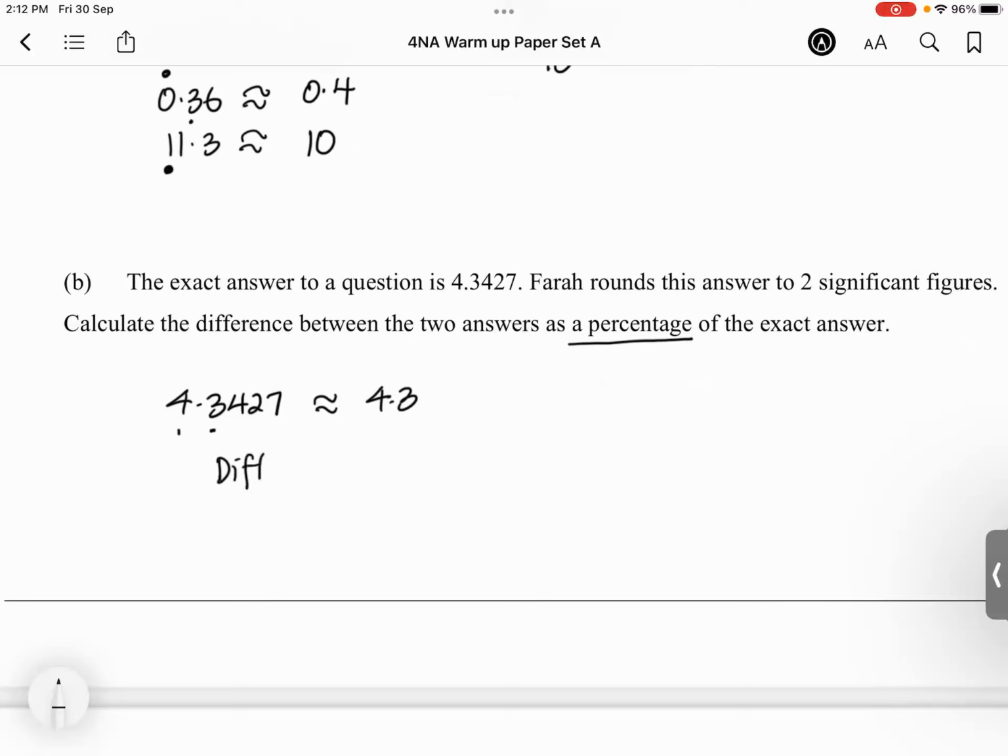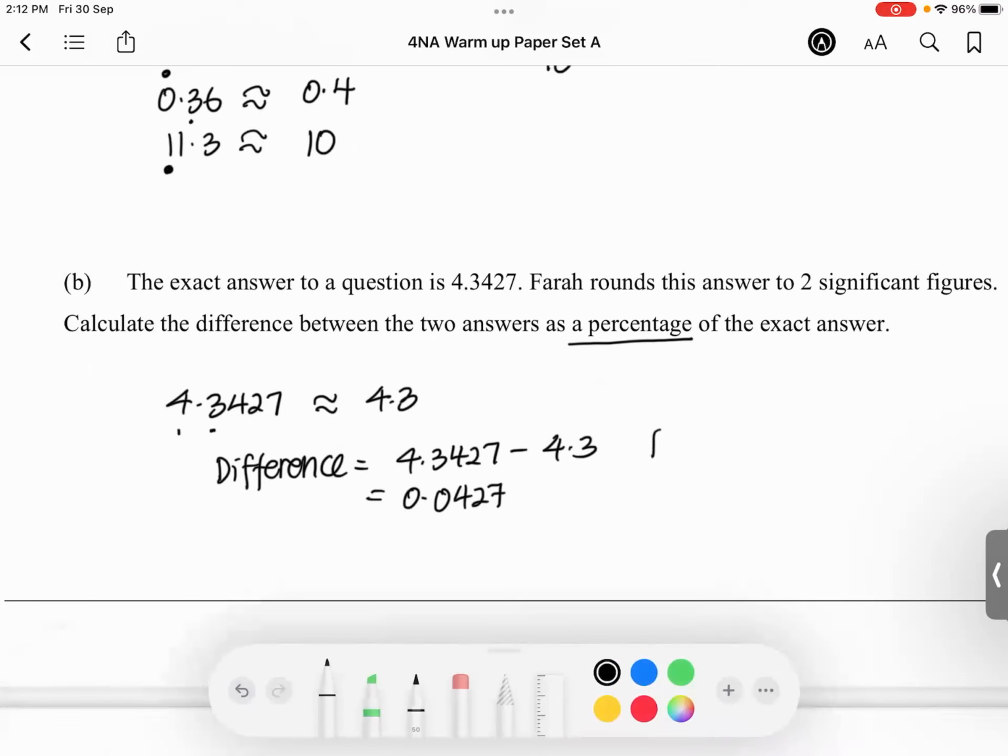So let us calculate the difference, which is 4.3427 minus 4.3. That gives me 0.0427. If I want to calculate this as a percentage, I need to take the difference out of my original. Which one is my original? The original is the exact answer, they say.